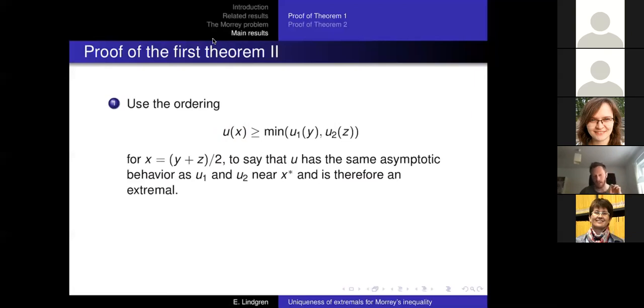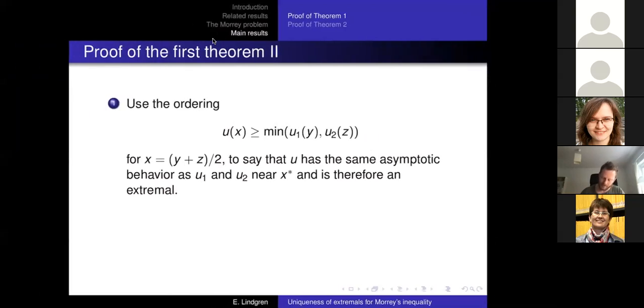And also I'm cheating a little bit here because we don't know that U is a potential function. We only know that it's a sub-solution. But if you look at how you argue for this, you can prove the same property for sub-solutions, not only for potentials. So this asymptotic behavior and this characterization of sub-solutions or potentials with this exact behavior near their singular point forces U to be an extremal.